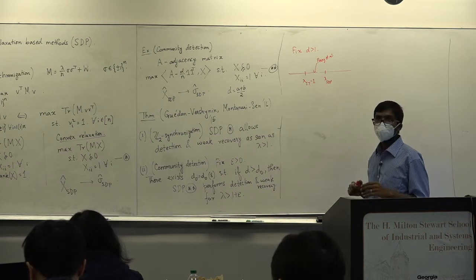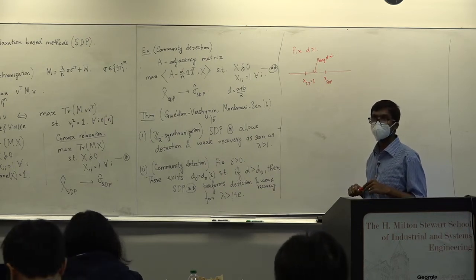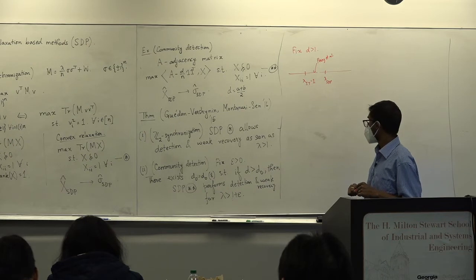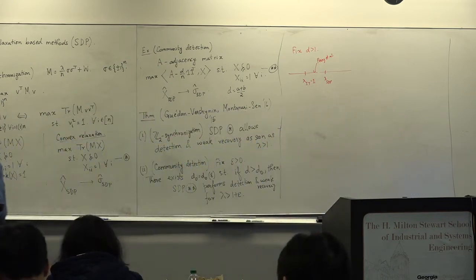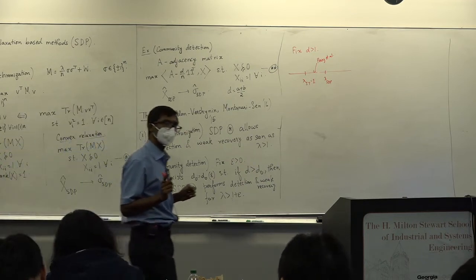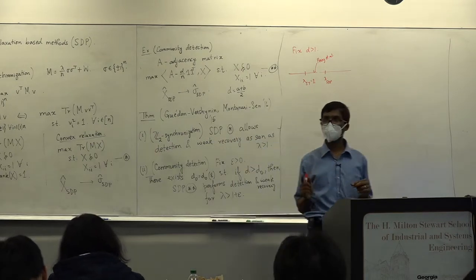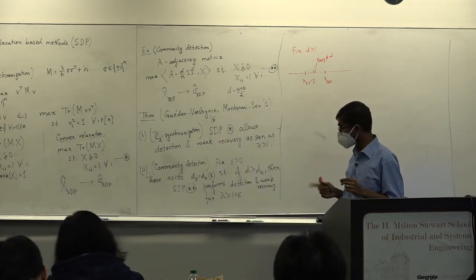So again, a follow-up question on this: are there better SDPs for which there is no gap? As far as I know, no. I don't know, this is the best. But I haven't been completely up to date on the more recent results.